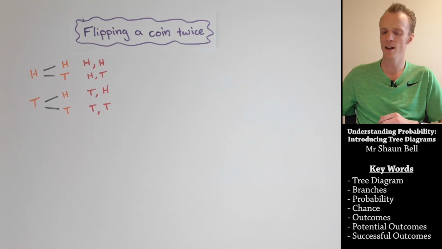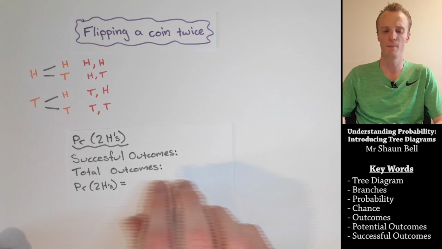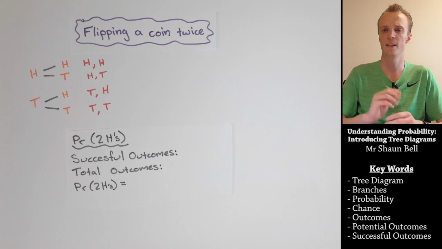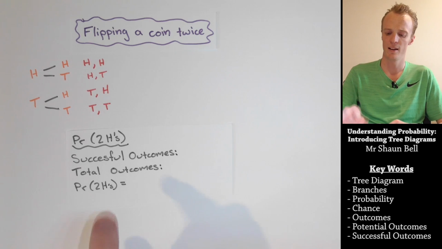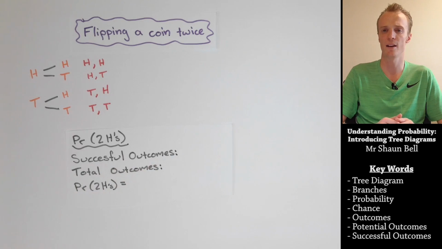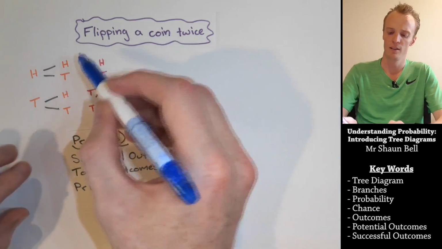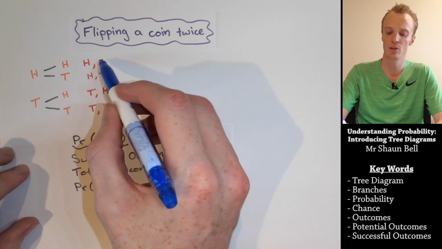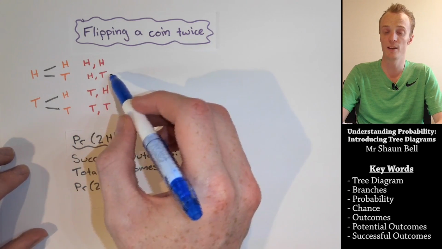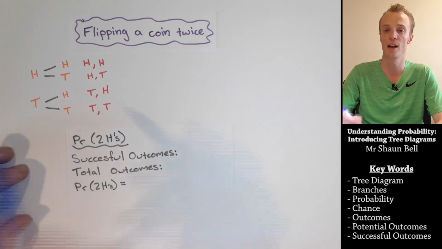So what if I now wanted to know the probability of getting two consecutive heads from flipping the coin twice? Well, I need to start by identifying the successful outcomes within my potential outcomes. This successful outcome here is two heads. A head and a tail isn't, a tail and a head isn't, and two tails isn't.